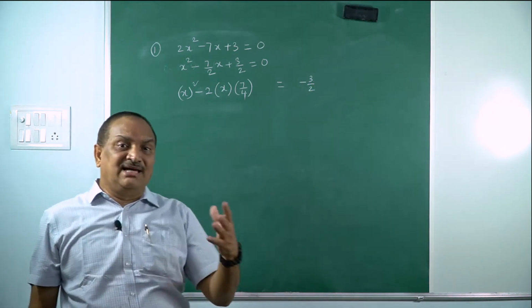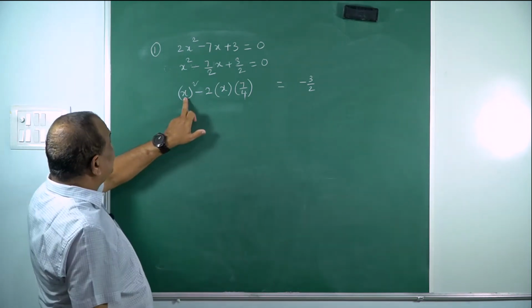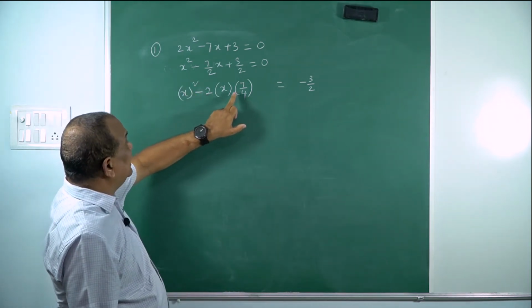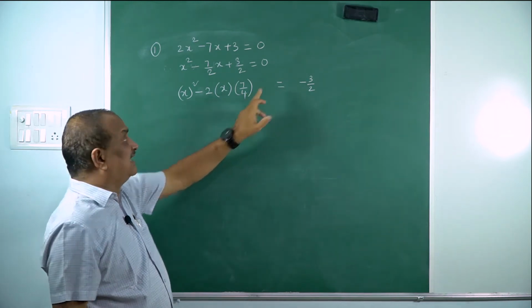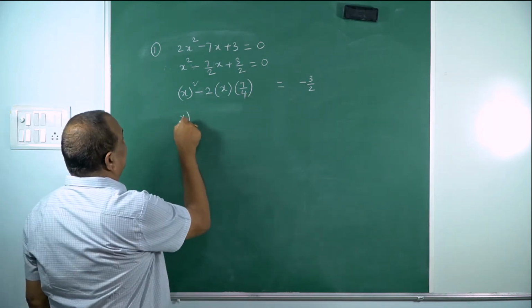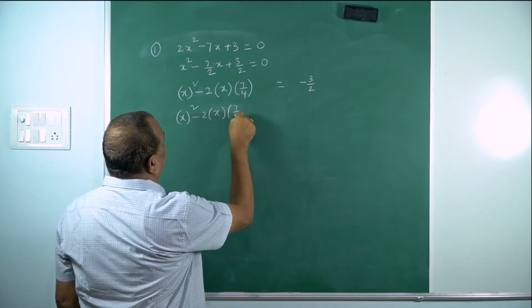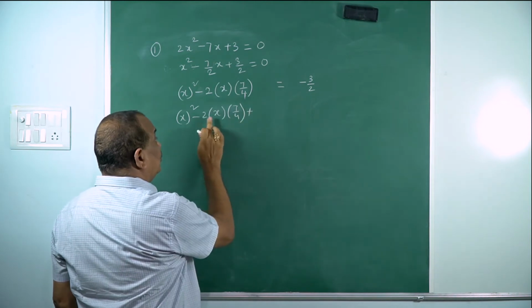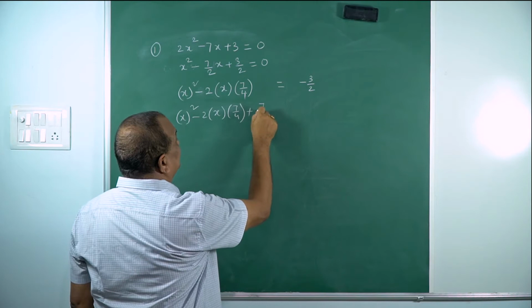Like we were doing with ABC, exactly the same way. Here a square minus 2ab. I need b square here to complete this square. So I have x square minus 2 times x times 7 on 4 plus b square, which we want, 7 by 4 squared.